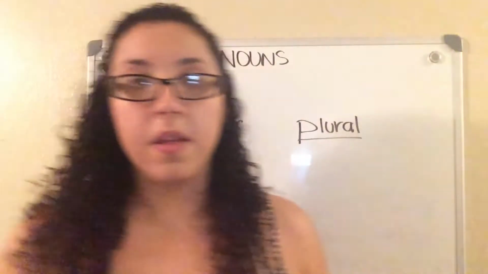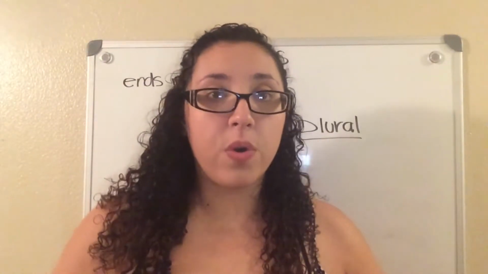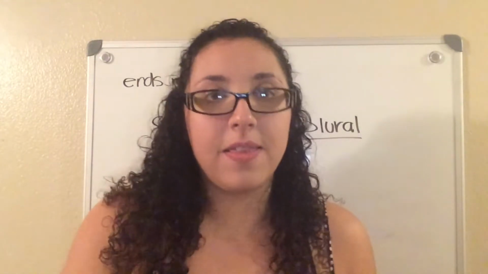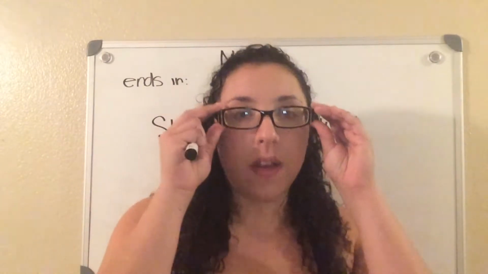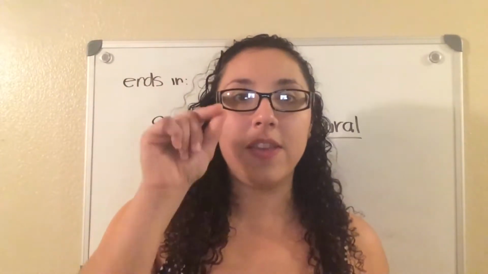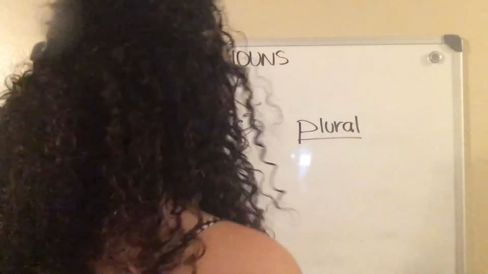Another rule for nouns is if your noun ends in a consonant followed by the letter Y, then you would have to remove the letter Y and change it for IES. Let me show you.